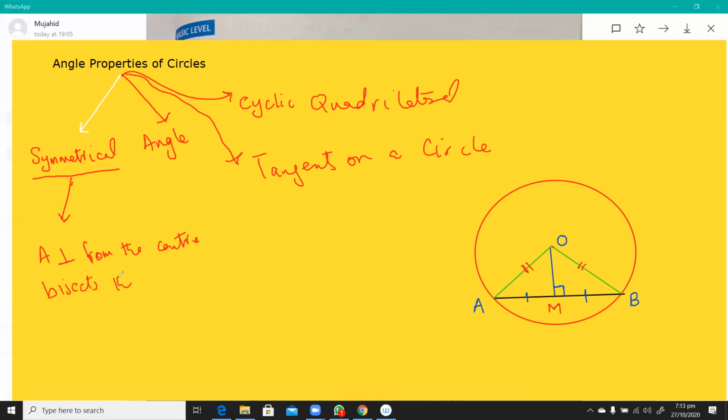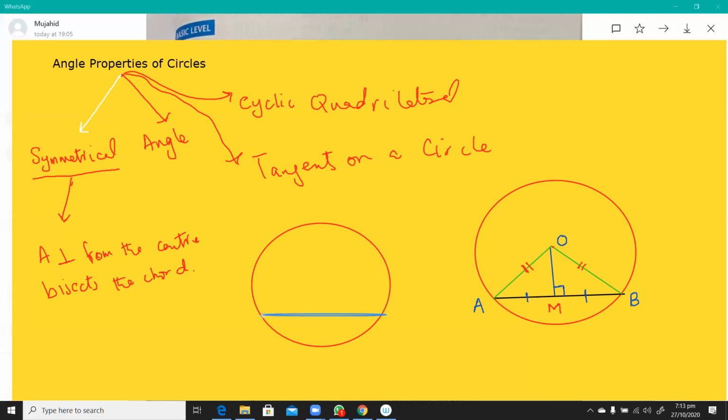You can say this in other words: if a chord is bisected by a line from the center, that line will also be perpendicular to this chord. So that is the first property. Whenever you are solving a question on circles, this is really handy.